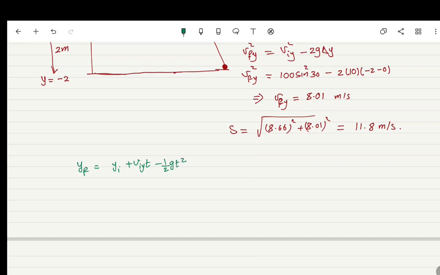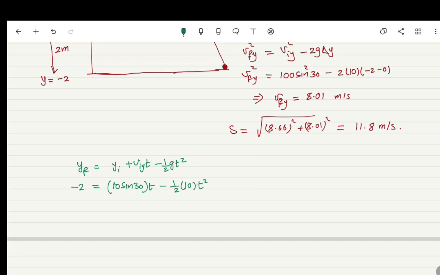You substitute back the initial y velocity, in this case it's equal to 10 sine 30, and y initial here is equal to 0. Now y final here is equal to -2, so -2 equals 10 sine 30 times t minus half 10 t square.